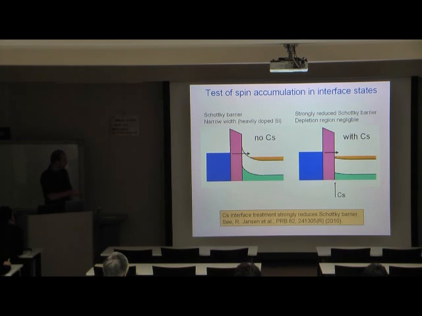And we know, and you can look up in this reference the details, that if we treat the silicon surface with a little bit of cesium submonolayer before preparing the tunnel barrier, that the Schottky barrier is greatly reduced. So basically what we're going to do, without the cesium, we have a Schottky barrier here, and the question is, if we have interface states here, do we have two-step tunneling and some enhancement of the spin accumulation, yes or no?